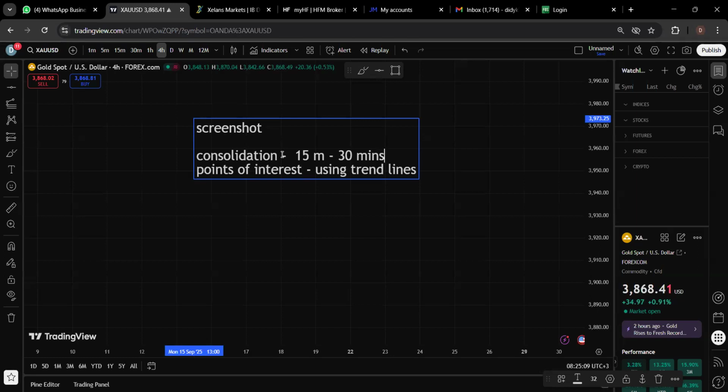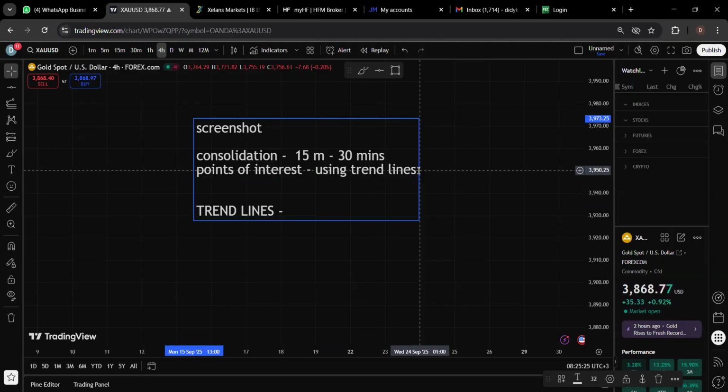Okay. How about the point of interest? Which time frame? What we are doing daily, and then you go to the 4 hour. So trend lines, I said send a screenshot using the daily candle and 4 hours.